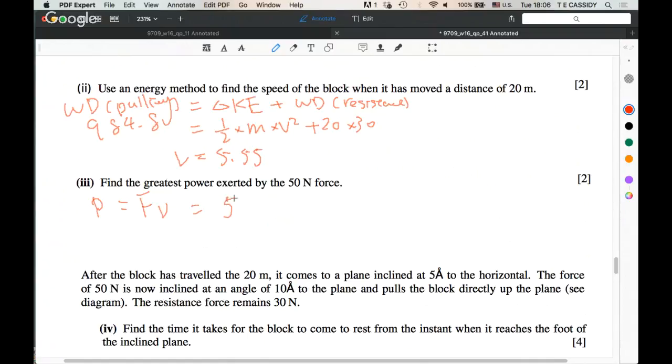So it's just 50 times v max. And as I said before, the maximum cannot be greater than 5.55. So it will just be 50 times 5.55, and that will give you 273 watts.